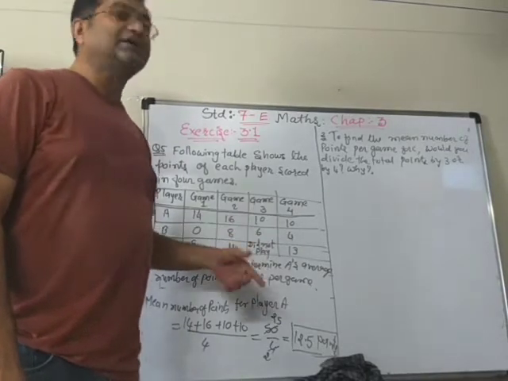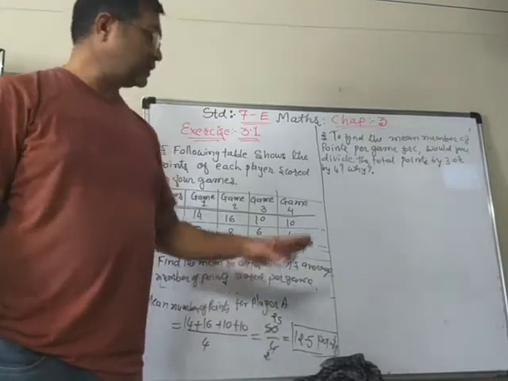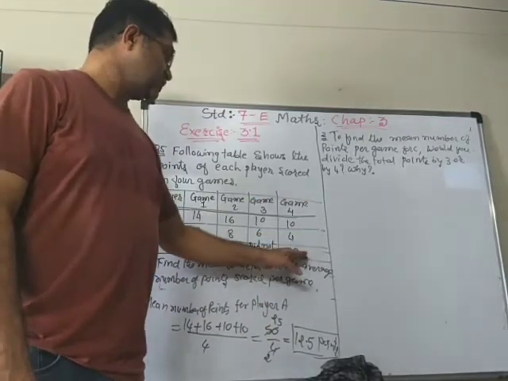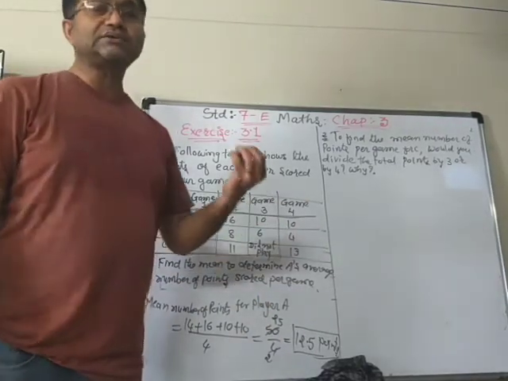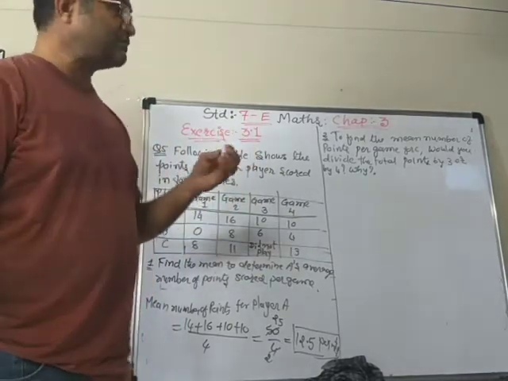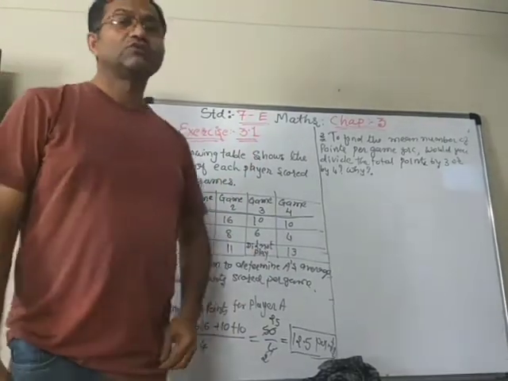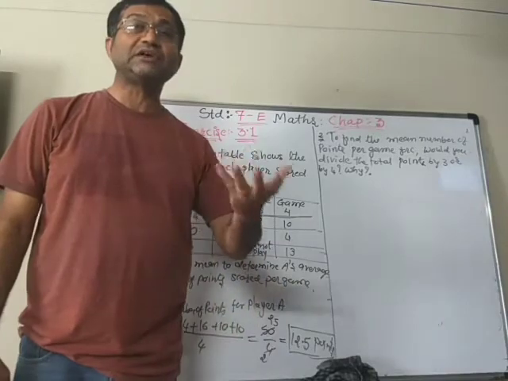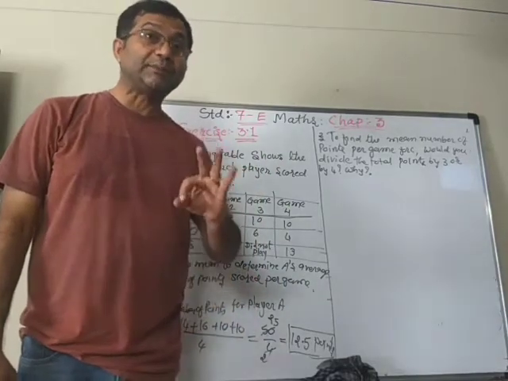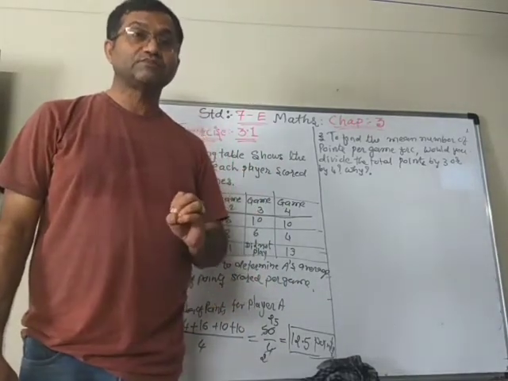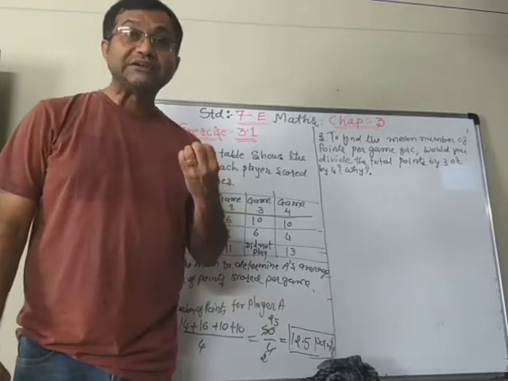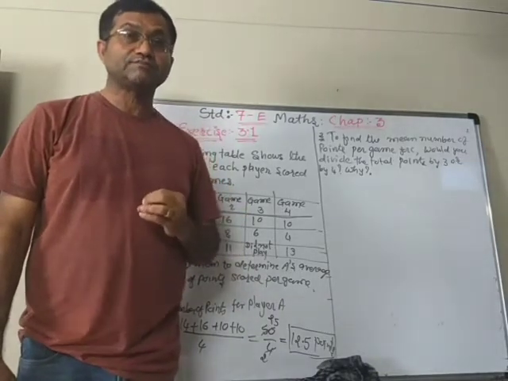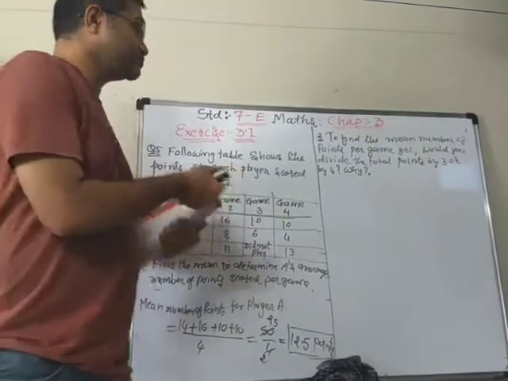In the third game, he didn't play. And in the fourth game, 13. So we can't find the average by dividing by 4, because he didn't play 4 games. He played only 3 games. So what will we do? We will divide the total points by 3 only.